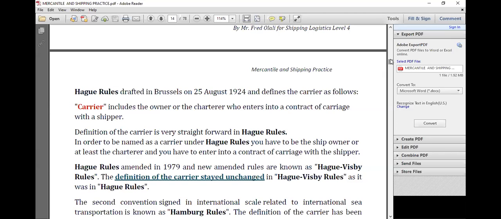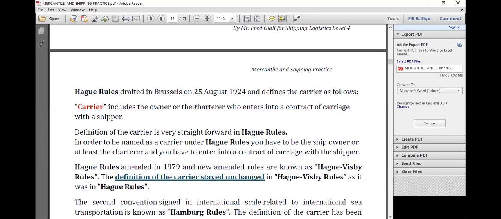A carrier includes the owner or the charterer who enters into a contract of carriage with the shipper. So a carrier here, according to this definition, is either the owner of that carrying means, maybe a vessel, or a charterer who enters into a contract of carriage with the shipper. Now, a charterer is simply a person who hires a vessel.